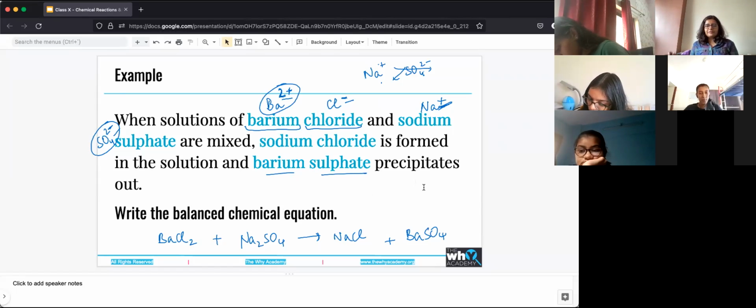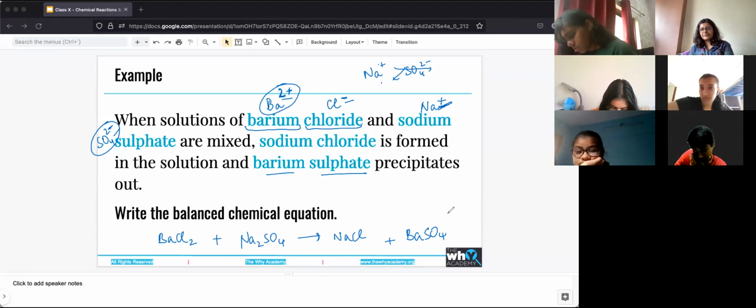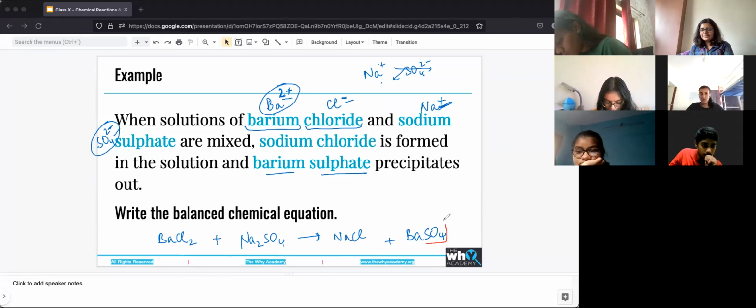So I'll give you guys another tip when you come across equations like this. Whenever you have ions like sulfate, nitrate and all that, if sulfate is on both LHS and RHS, and it is not decomposing, not breaking down, treat it as a single unit.